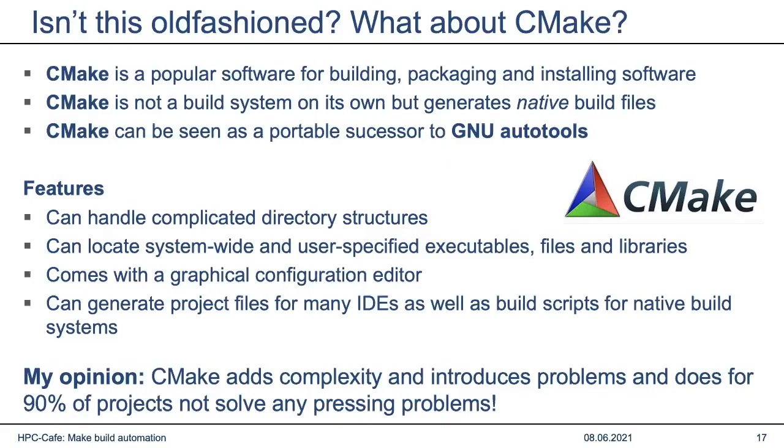Those use special project files, and CMake can create those project files. So for me, none of those are really solving pressing problems I have. Having complicated directory structures is a bad idea in the first place, yeah? And you shouldn't do it. Then automatically locating system-wide and user-specified libraries.